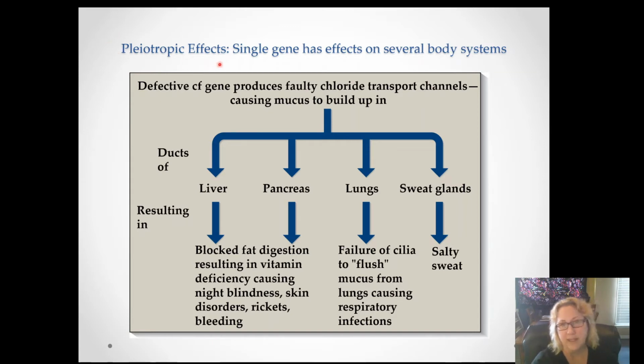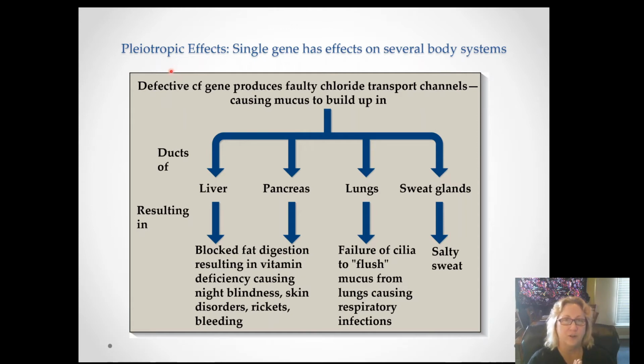So back in the days before anybody had any idea what the molecular mechanisms were behind genetic inheritance, before they knew that it was DNA and that one gene controlled one specific protein that was being made or one specific RNA that was being made, before they knew that, they realized that there were some traits that seemed to be controlled by the same gene.